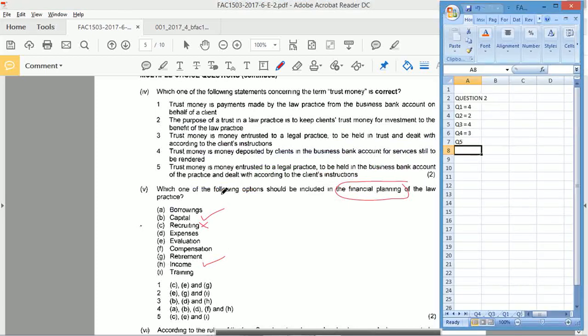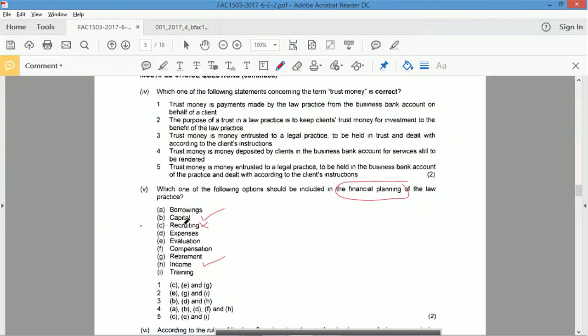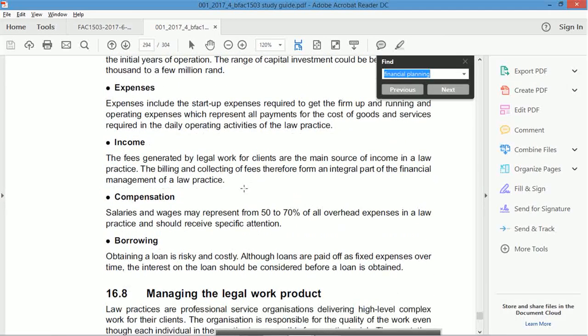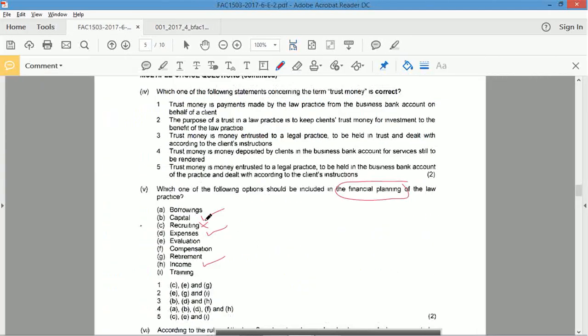Income, yes. Expenses, yes. Compensation, borrowing, that's it. Compensation and borrowing. Okay, the rest are out. Okay, so A, B, D, F, H. A, B, D, F, H, 4.